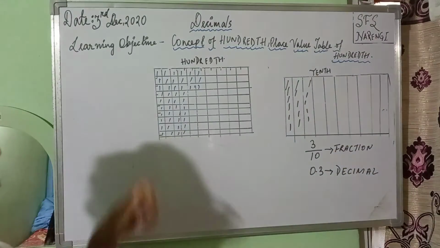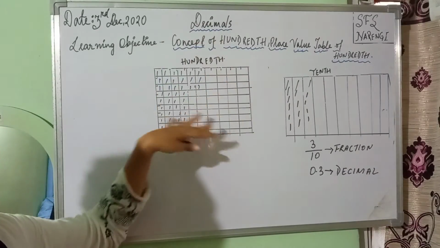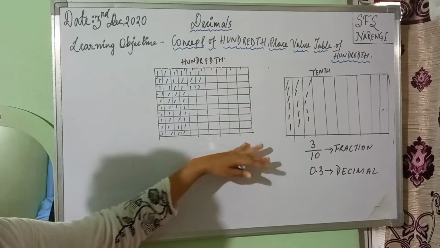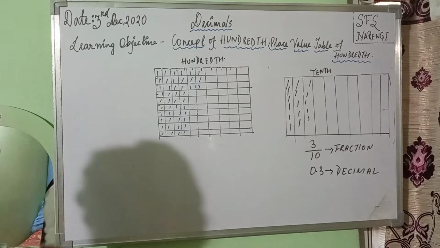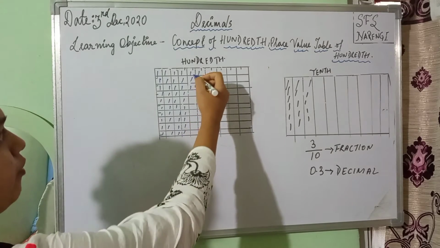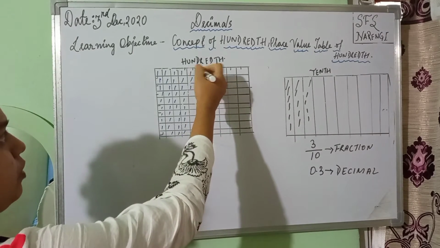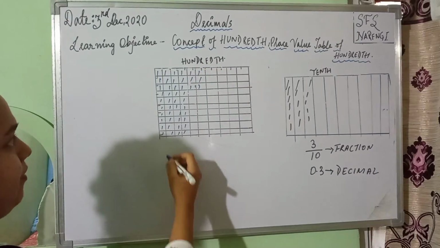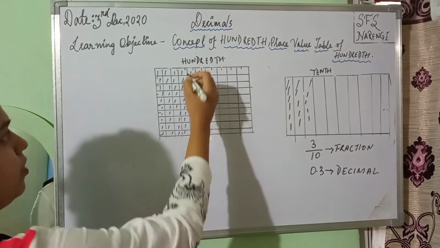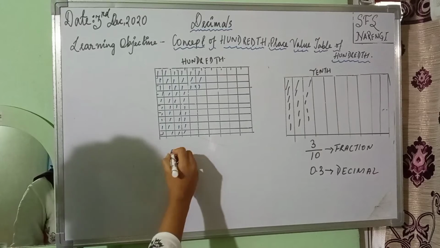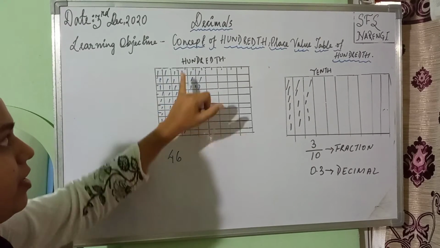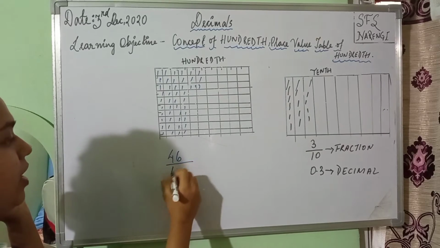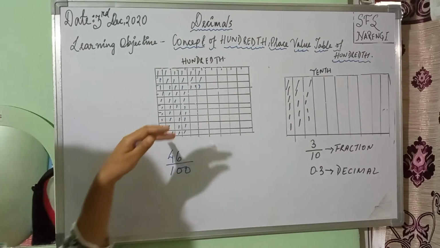In the 100th rectangle, you can see that there are 100 small little squares, and I have shaded 46 of the 100 small little squares.